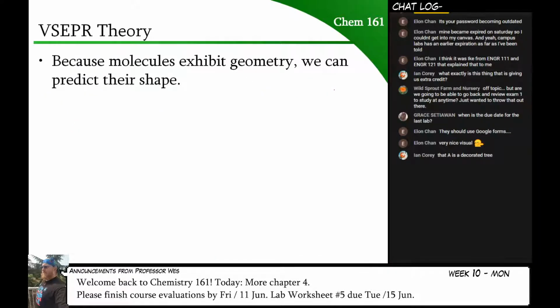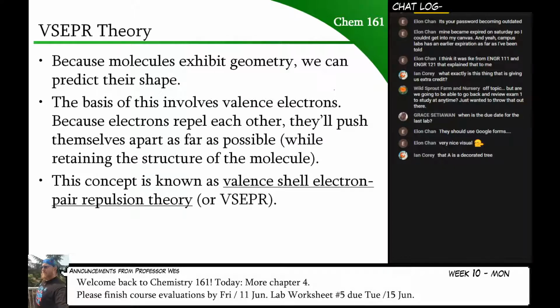Now, because all of our molecules have some sort of geometry to them, and because they consist of bonds constructed by electrons, we can predict the shape of those molecules. The way that we do that is to assume that if all of our bonds are made of electrons, they repel each other. Now, they don't push each other so hard that the molecule falls apart and all the bonds dissociate.